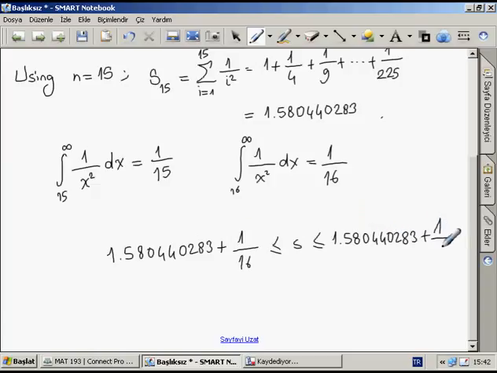1.580440283 plus 1 over 15. And when you find the summation, you will find 1.642940283 less than or equal to s less than or equal to 1.647106950.